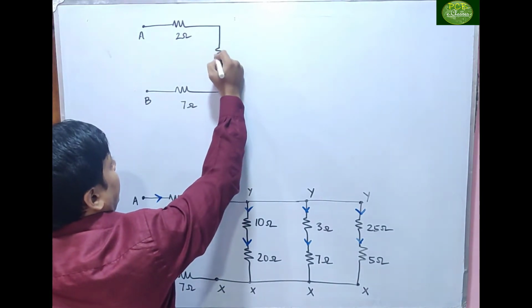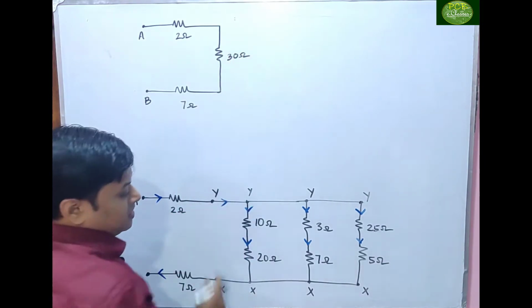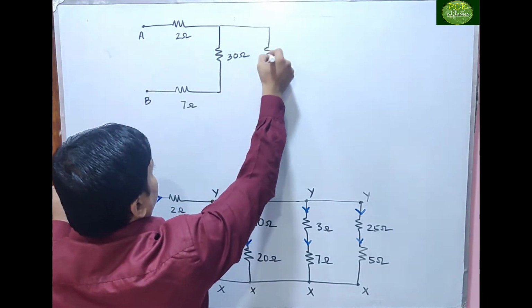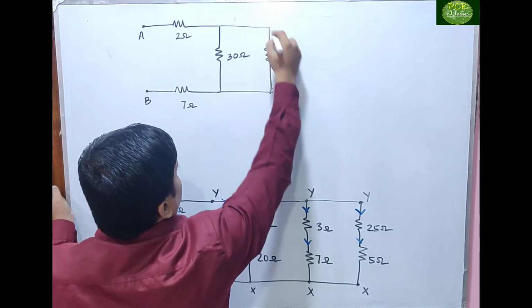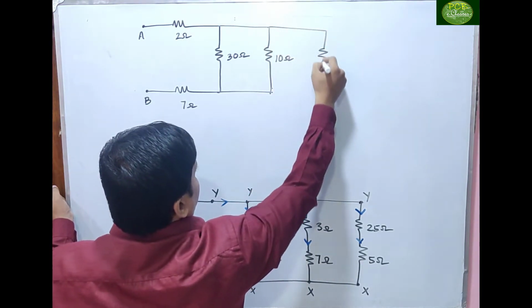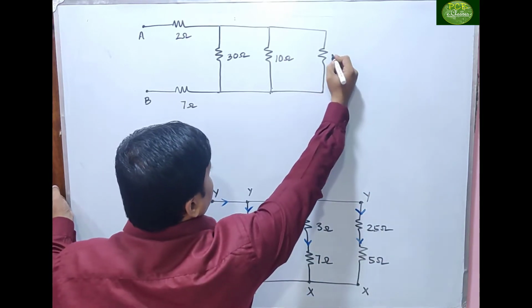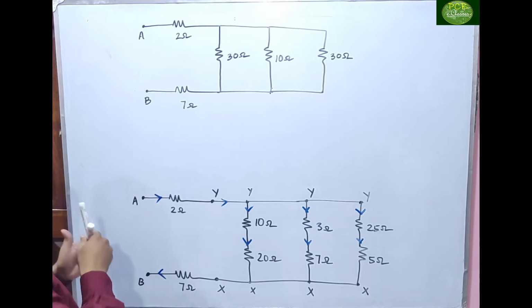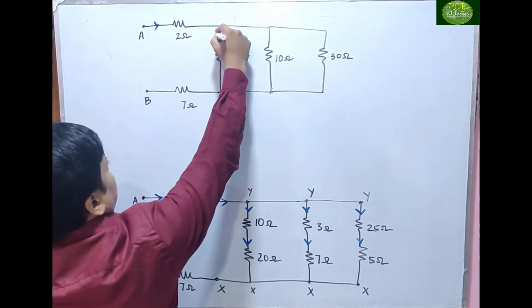So 10 and 20 will be added, that is 30 ohm. Similarly, 3 and 7 will be added, so that will be 10 ohm. Similarly, 25 and 5 will be added, so it will be 30 ohm. So the current direction is a must. It enters and divides.